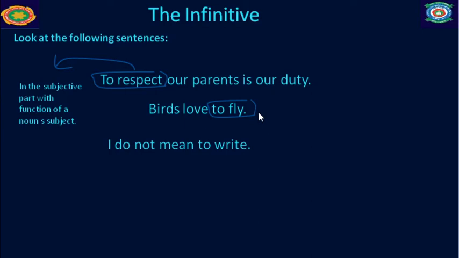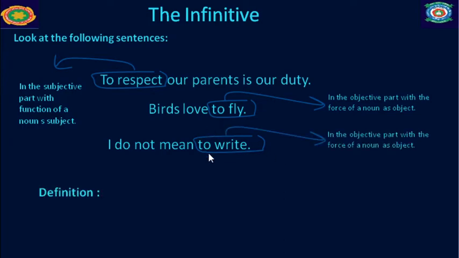So infinitive can be used in the beginning of the sentence, before the verb, or after the verb, right? Here to fly is in the objective part, and it acts as a noun. I don't mean to write. Here also, after verb, to write is in the objective part as a noun, right?